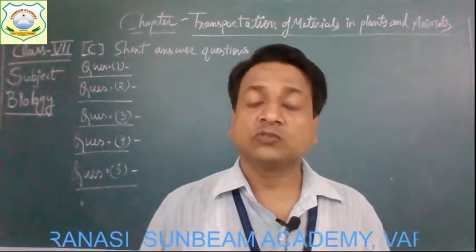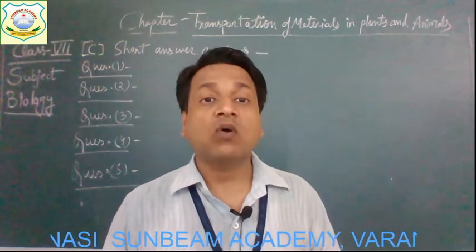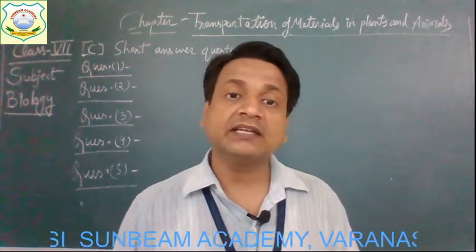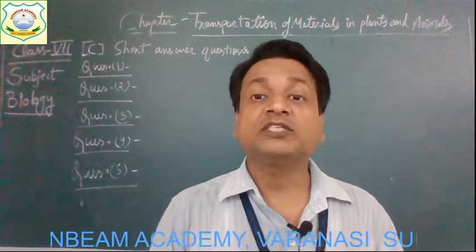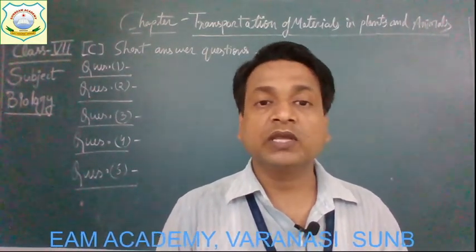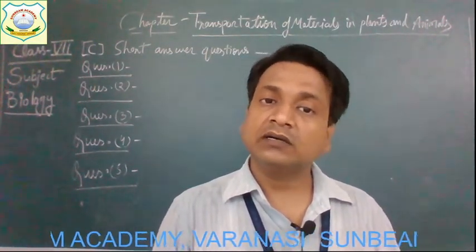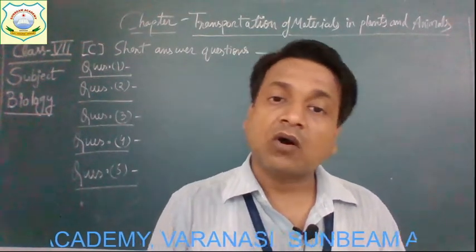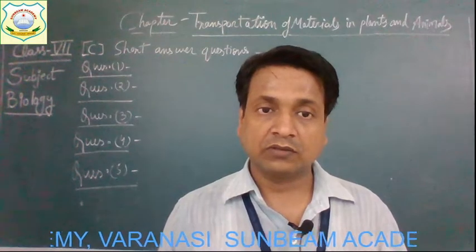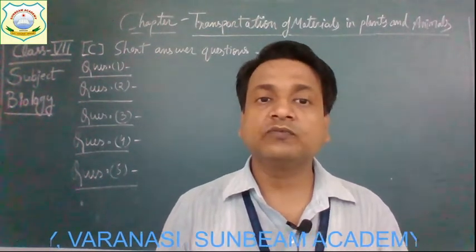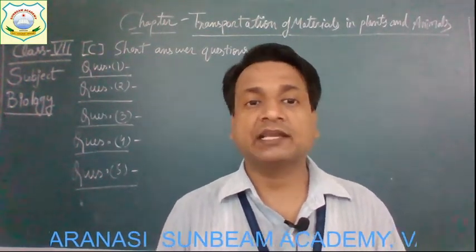So you write the answer: the valves which are present inside the heart in between the chambers prevent the blood from going in the wrong direction. The blood always moves in the heart in a particular direction; it never moves in different directions.